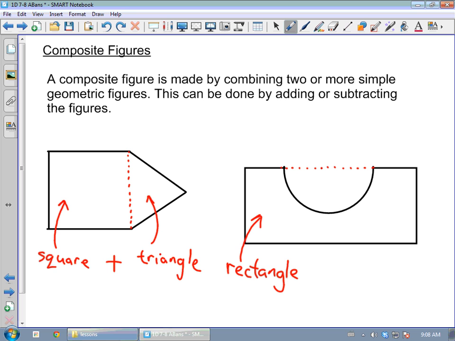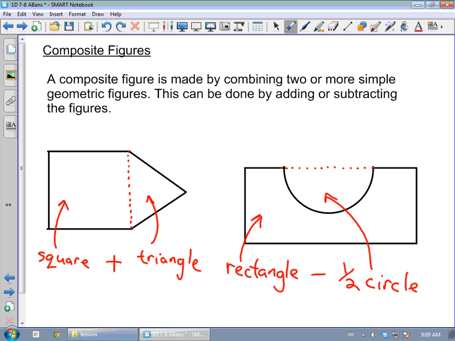Now this rectangle has had something chopped out of it. What shape has been chopped out of this rectangle? It's half a circle. So we've gotten this composite shape by taking a rectangle and subtracting half of a circle from it. So we can either add the shapes together or we can subtract them.